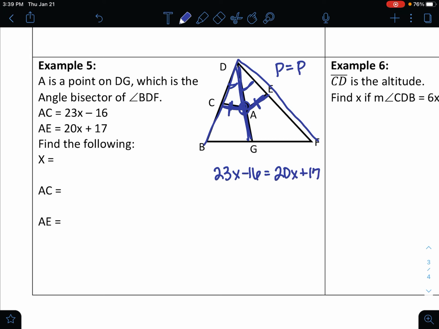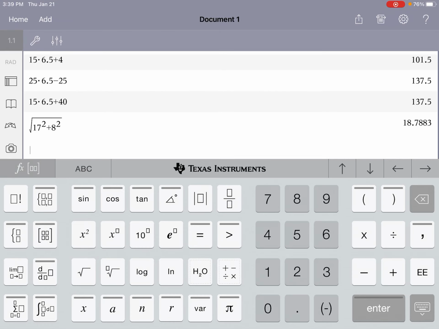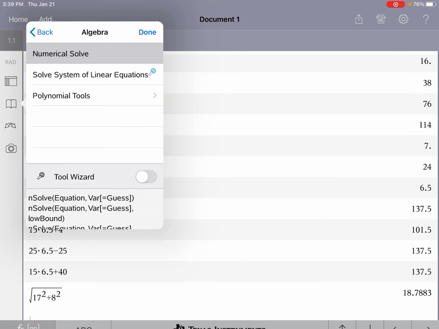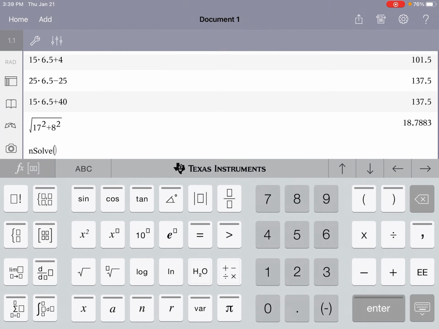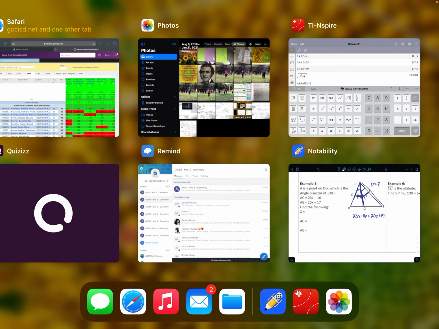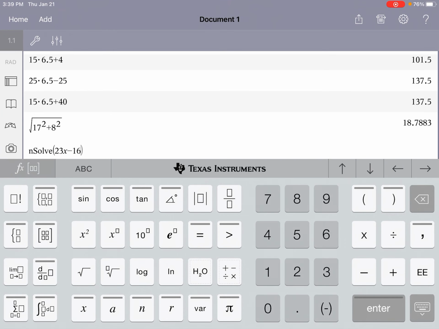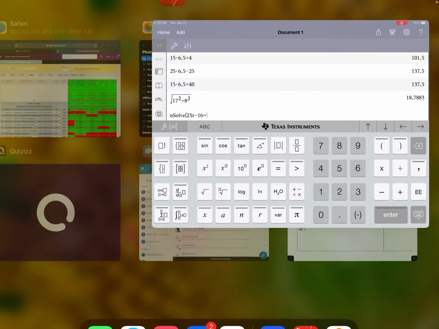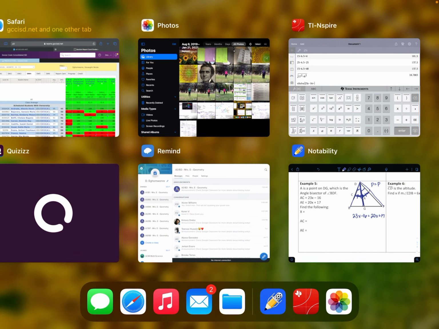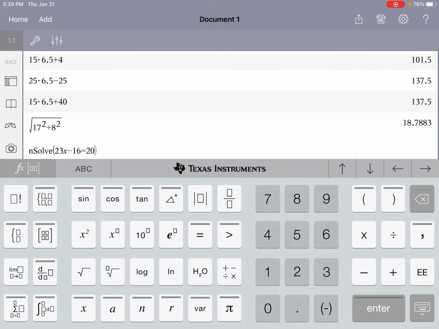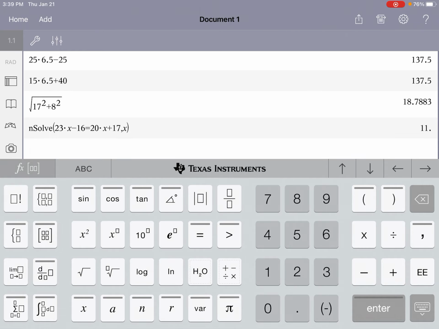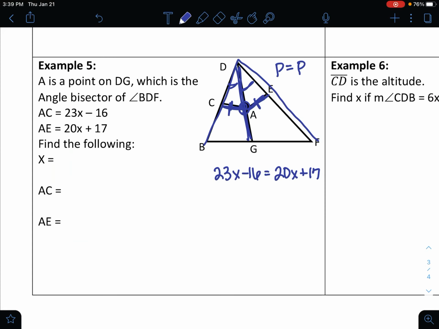And we're going to use our calculator. We get 11 for x.